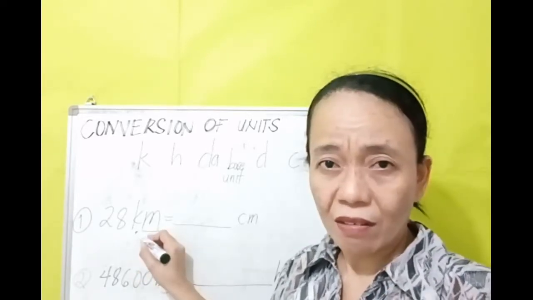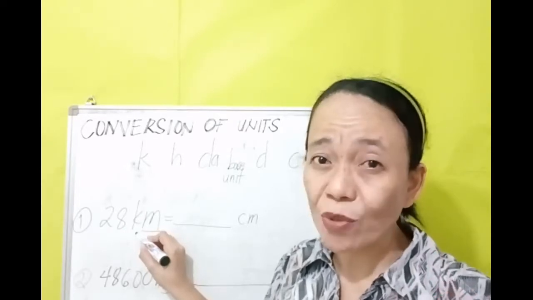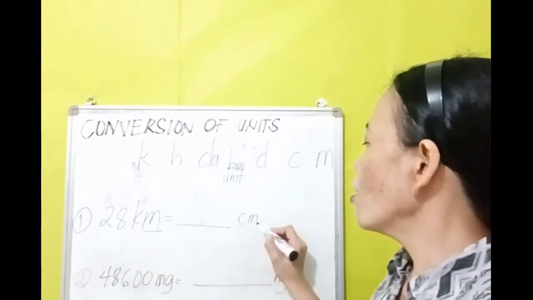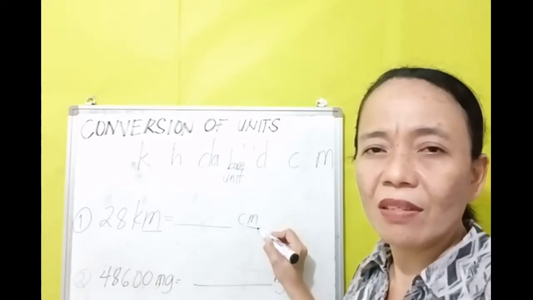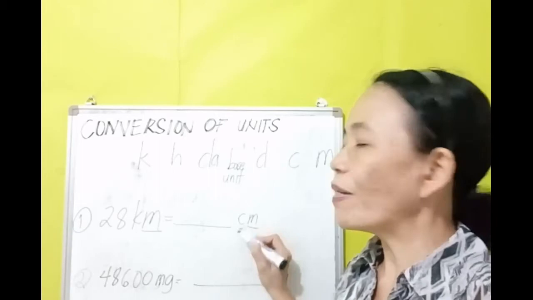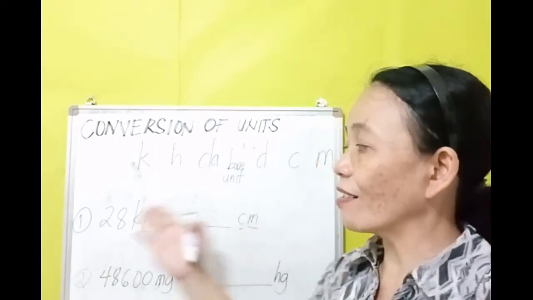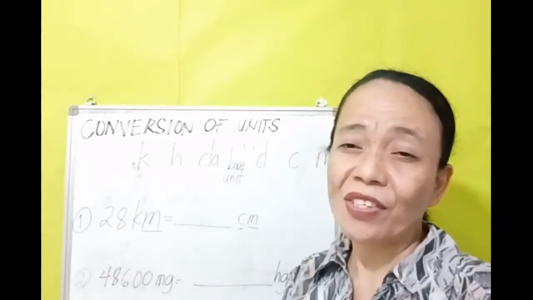Kilo stands for 10 raised to 3 or 1000. In here, the same, the base unit is meter, then the prefix is centi. So how many centimeters are there in 28 kilometers?